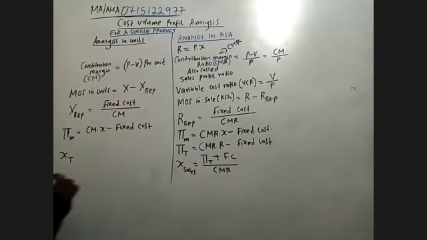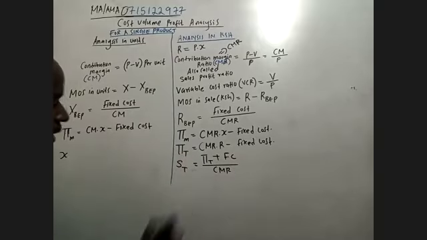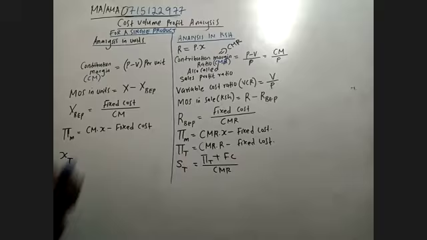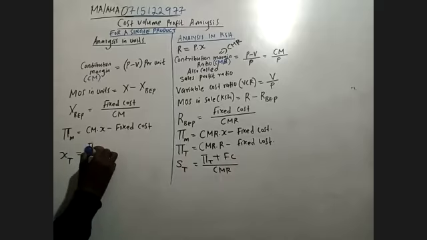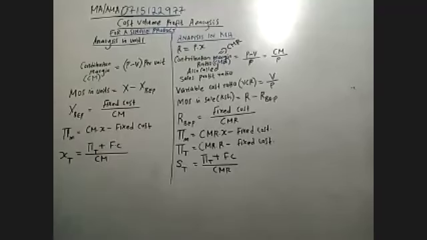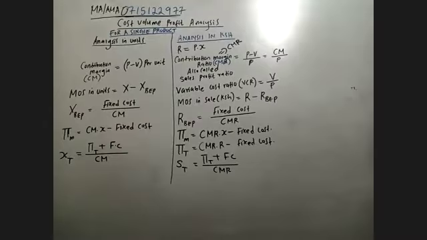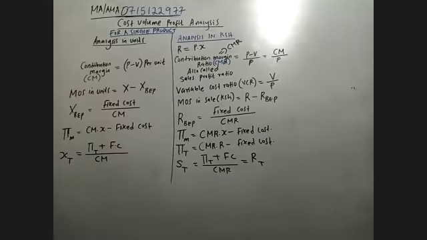This one is targeted units. Wacha niweke S, targeted sales na targeted units. Kwa sababu kuna units, itakuwa ni profit plus fixed cost over contribution margin. Pia unaweza ita a revenue target, which is the sales, which is the same as revenue target.